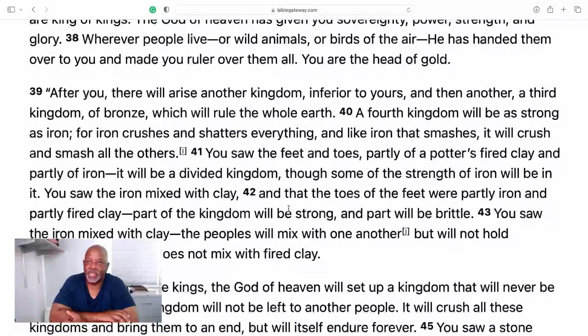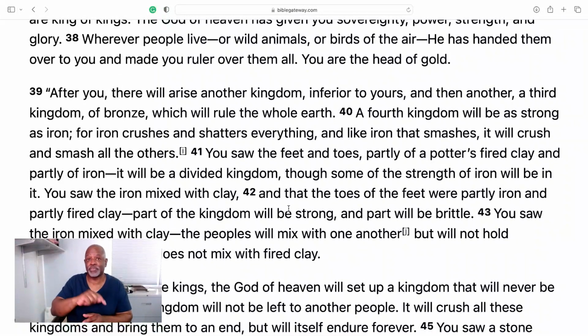Verse 39. After you, and this is important because this is the time of Ezra and Nehemiah where we're getting ready to study, there will rise another kingdom inferior to yours, and then another, a third kingdom of bronze, which will rule the whole earth. Now, that's the important part right there. In other words, these kingdoms that Nebuchadnezzar saw and that Daniel is explaining.